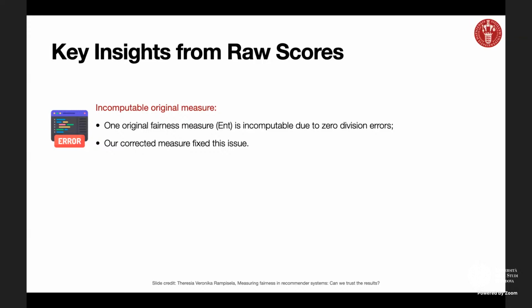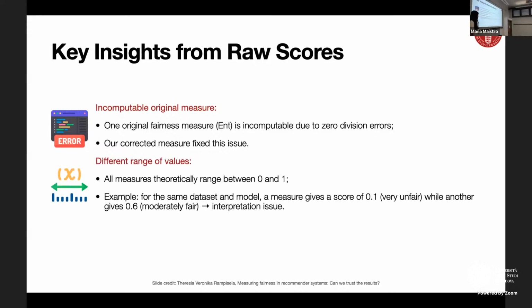This was actually a very easy case to fix. The other problem, as I anticipated, is that these measures don't have a specific range. They all range in 0, 1, but it's not clear what the minimum and maximum within this range are. And what happens is that you can actually have a really broad range of scores. Some of them are very, very hard to interpret.